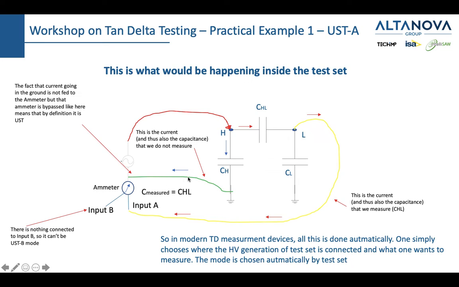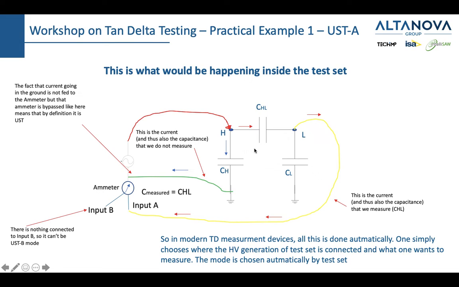We don't measure ground current when we measure a UST. So surely we will not measure CH. And then I say UST A, which means I am measuring on input A, which means that I am effectively measuring CHL. We said before what current we measure, that's the capacitance we measure.